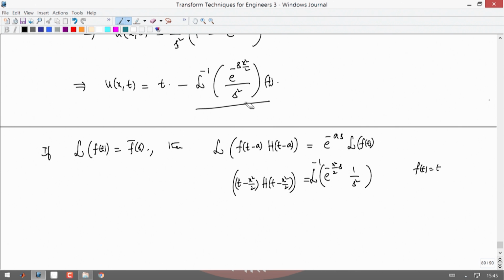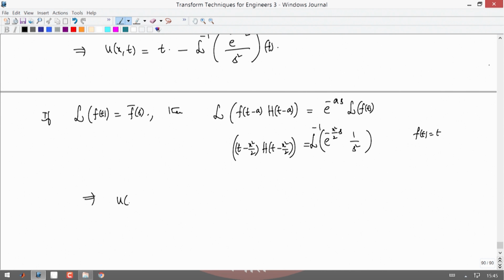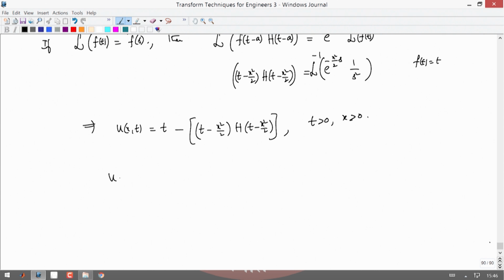Okay. So, if I use this, you can see that u of x, t becomes t minus x square by 2 times h of t minus x square by 2, for t positive, x positive. If you simplify it, if t is less than x square by 2, that is 2t is less than x square, this is 0, so you have only t here.